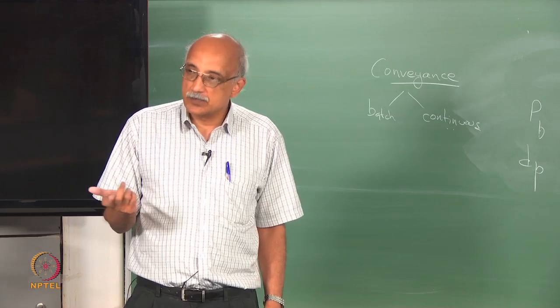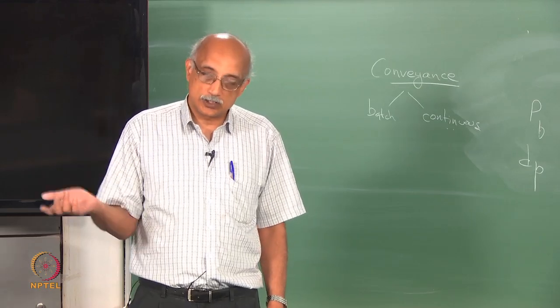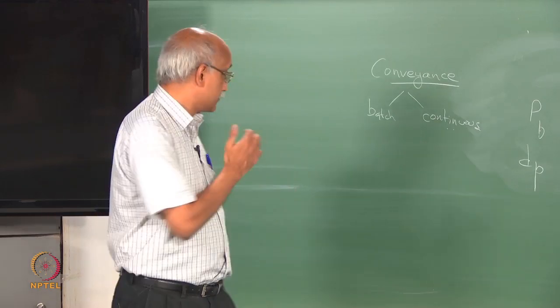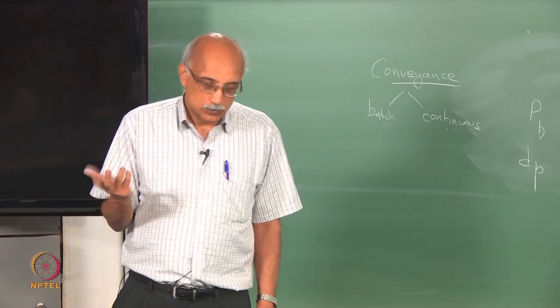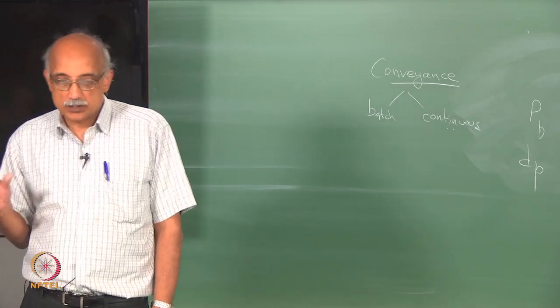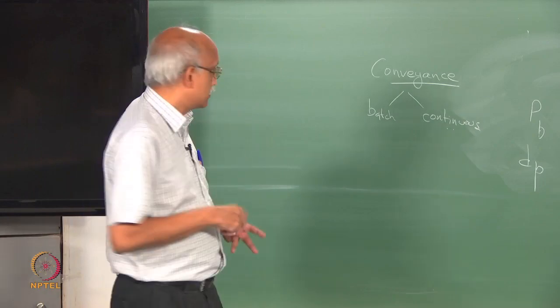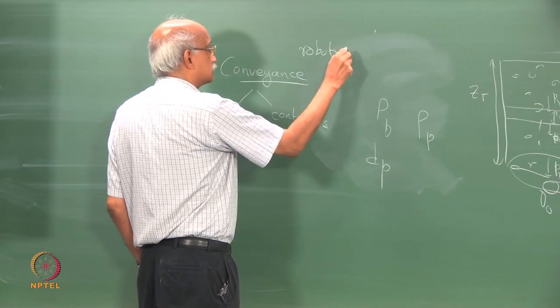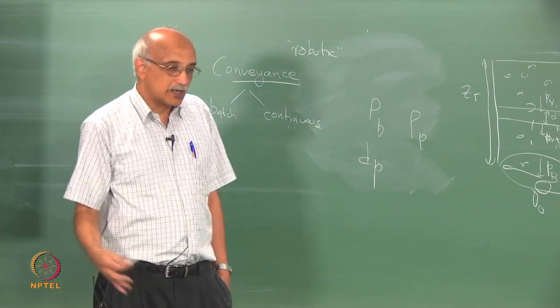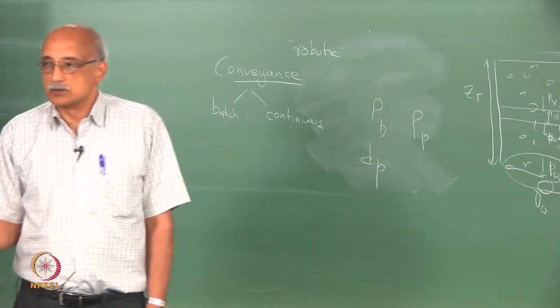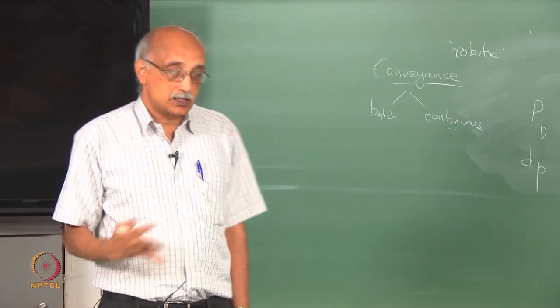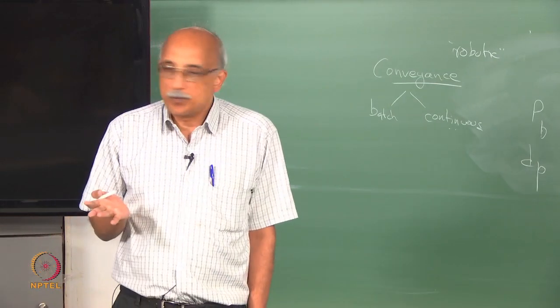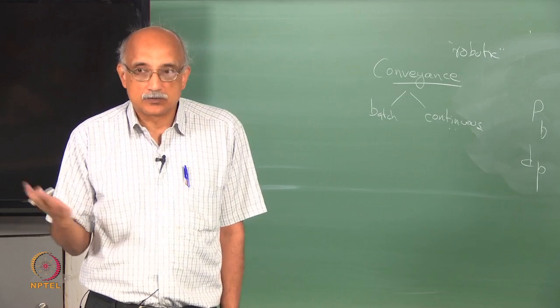There are many types of conveyors that are used both in the continuous case as well as in the batch case. A new wrinkle that is coming into this is robotic conveyors, also known as pick and place robots. A robot is not a humanoid robot, that is what you are imagining.